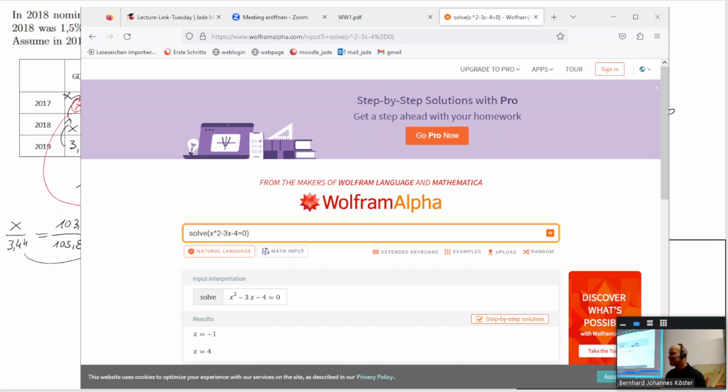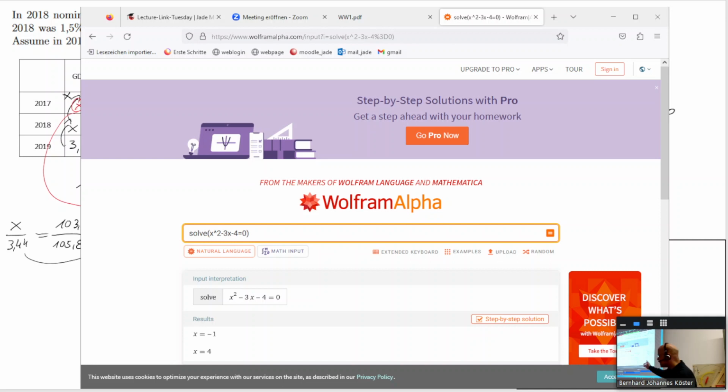Nobody is adding 5 numbers, 100, 217, 5,628, by hand anymore. But of course, you should be able to do it by hand, because then you know what you are doing.